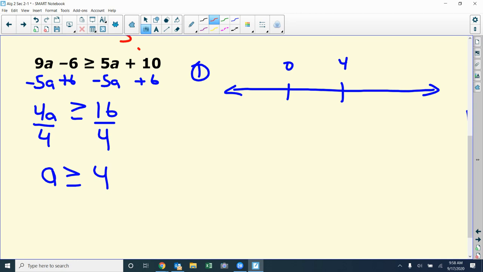So it is 4 and it is equal, so we're going to fill that in. And we know it's greater, so it's going to be everything headed this way, isn't it? There's your graph. Method 1, graph.